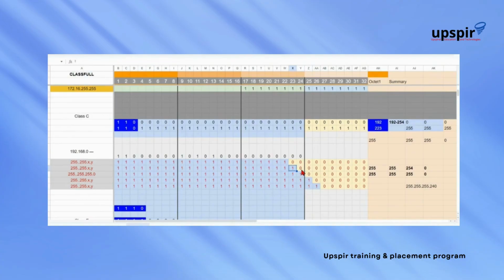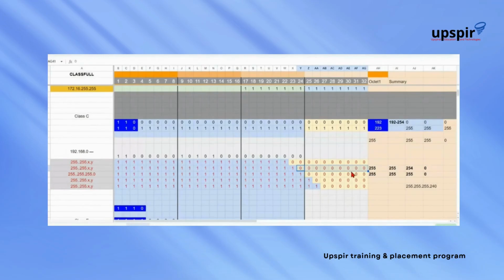What you are actually doing is borrowing a bit from the network side to the host side. As a result, your new subnet mask will become this, and you will be able to take the number of hosts to, I think, 2 raised to the power of 9, which is 512 or something.